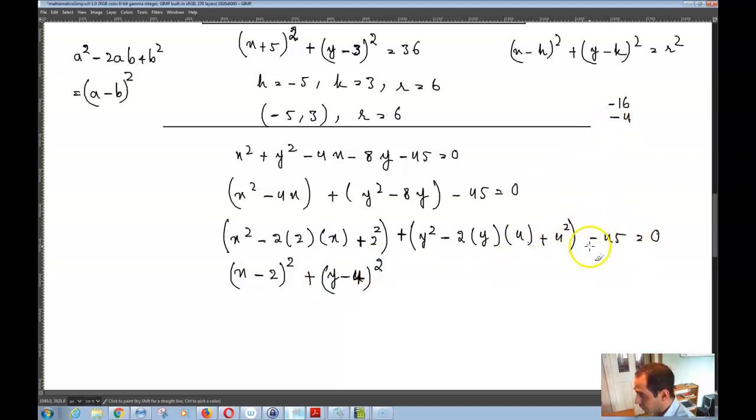And then over here I have negative 45, negative 16, negative 4. So what is 45 plus 16 plus 4? That's 20, that's 65. So that's negative 65, and that is equal to 0.